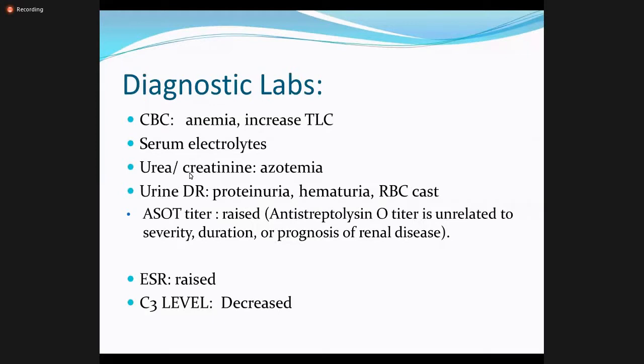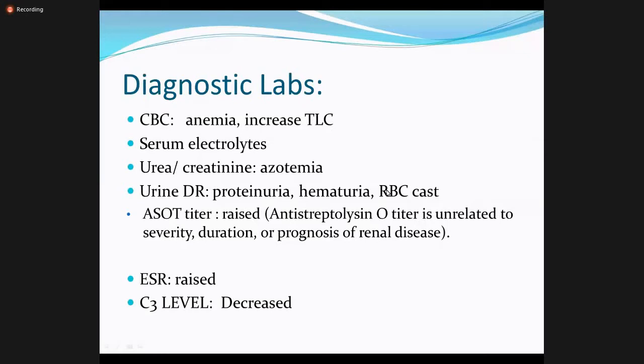Other supportive features: as it is secondary to streptococcal infection, you may send the ASO titer, which may be raised in post-streptococcal glomerulonephritis. If you send ESR, that indicates only chronic disease. The important one is the decreased C3 complement level.